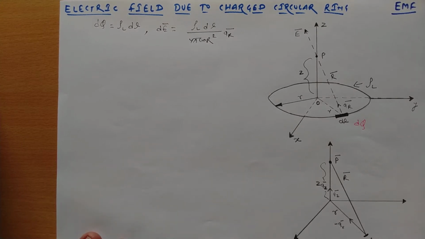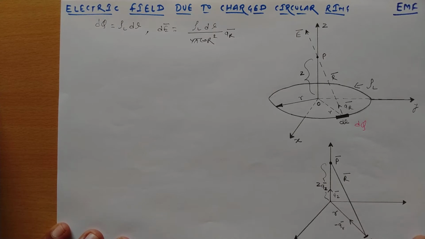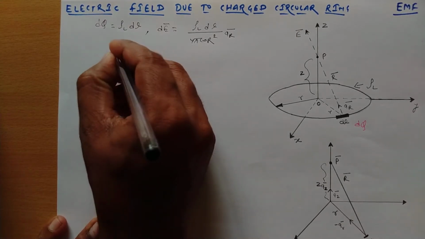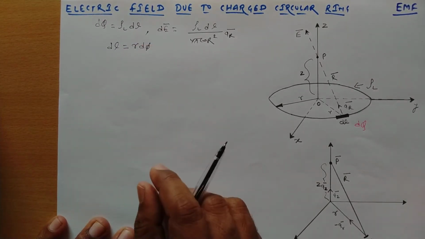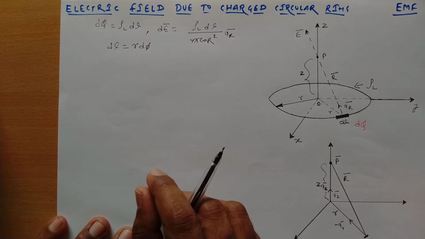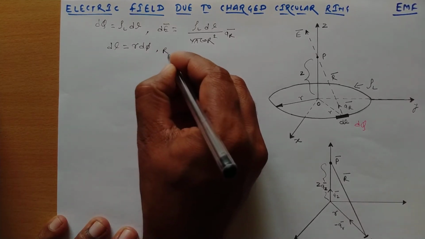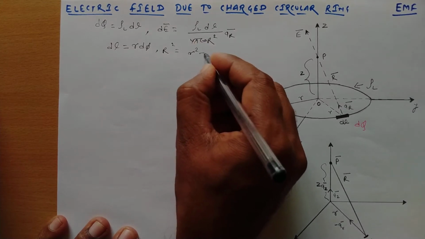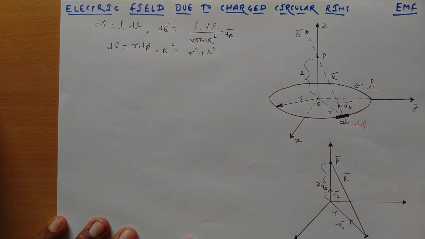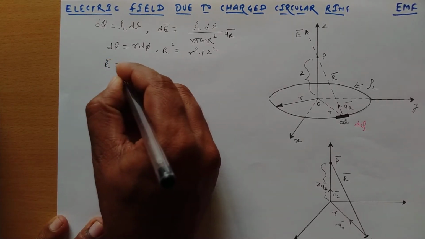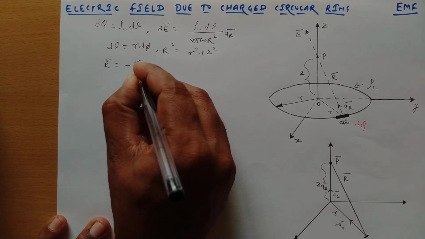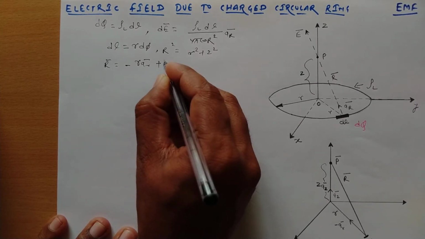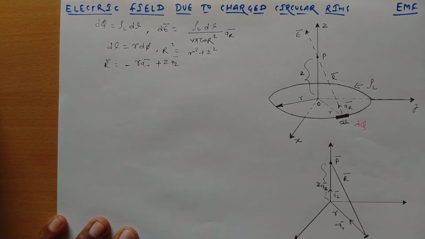Here dl will be equal to r d phi, because it is moving in the phi direction, and r square will be given as r square plus z square. So the distance vector r in vector form is given as minus r ar plus z az.